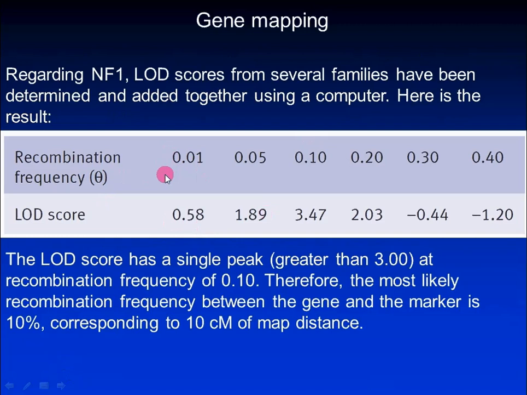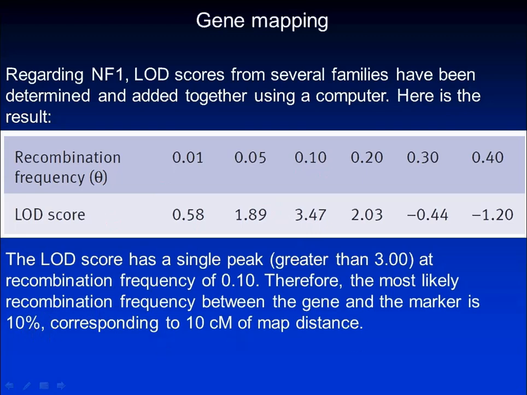But when recombination frequency is 0.1, the LOD score is 3.47. The LOD score has a single peak right here. Therefore, the most likely recombination frequency between the gene and the marker is about 10%, corresponding to 10 centimorgan of map distance.